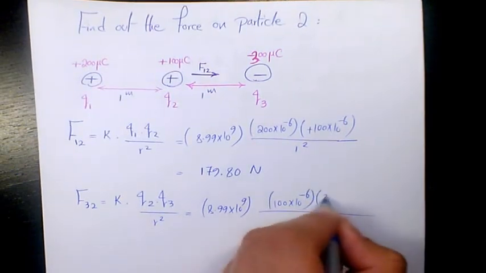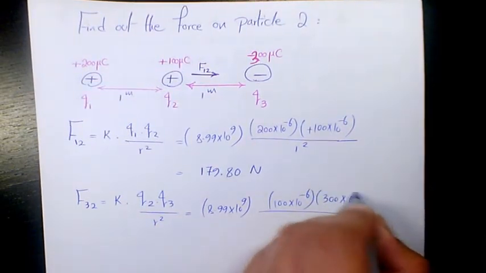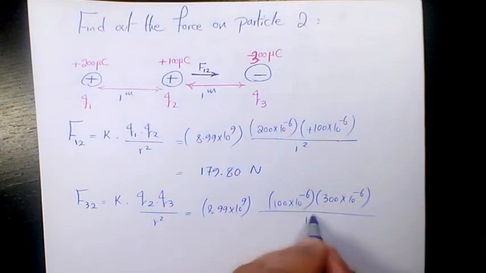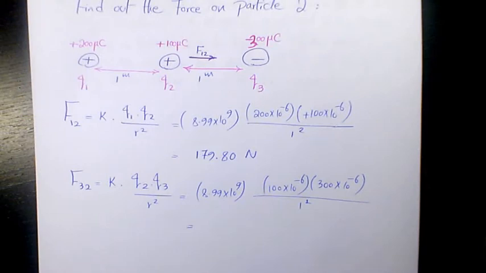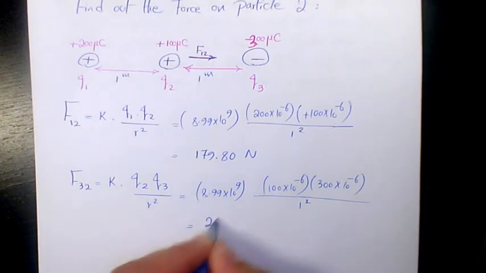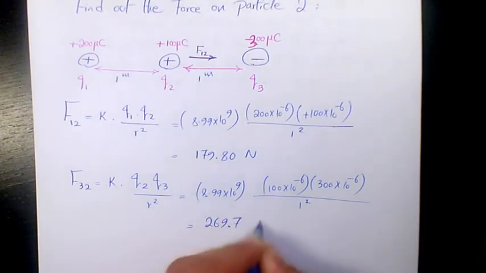Q3 is 300 times 10 to the power of negative 6, divided by 1 squared. That is going to give me 269.7 Newton.